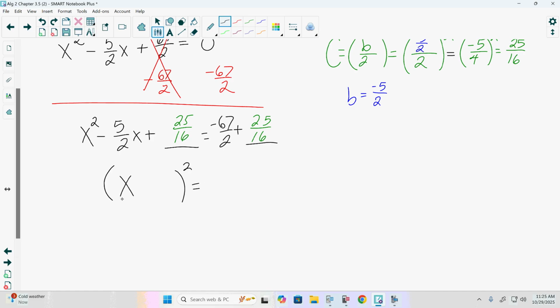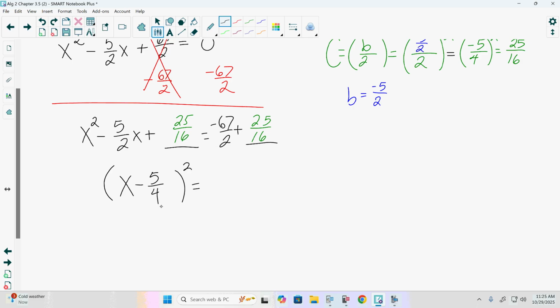Now at this point here, we need to factor. The number inside the parentheses before we squared it was our -5/4. So x squared minus 5/2 x plus 25/16 is x minus 5/4 squared.